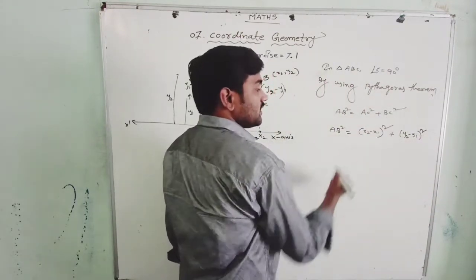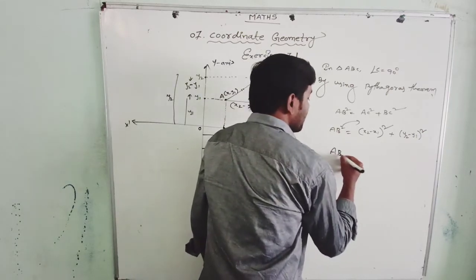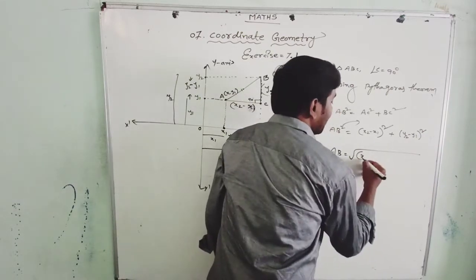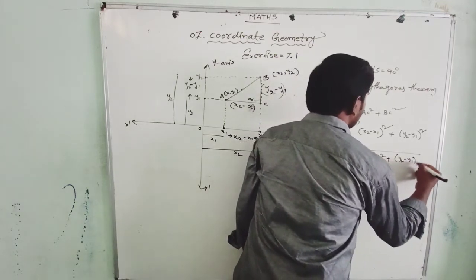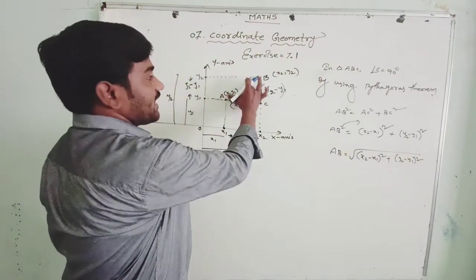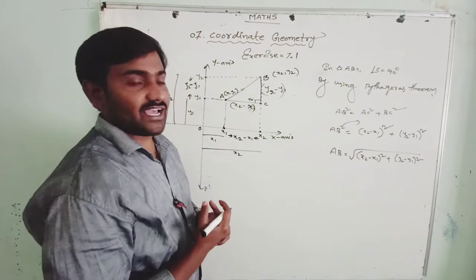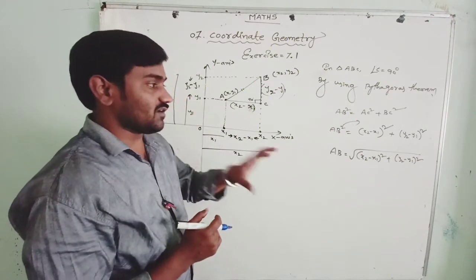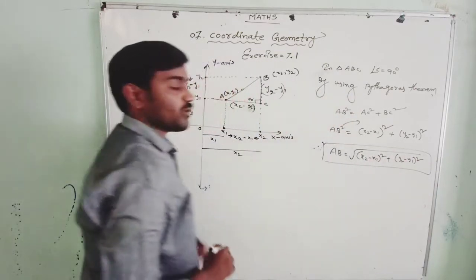You get BC square. This square will transfer to the other side, that becomes a square root, we know. AB equal to under root of x2 minus x1 whole square plus y2 minus y1 whole square. Now we got the AB distance. And this is the formula for the distance between any two given points.